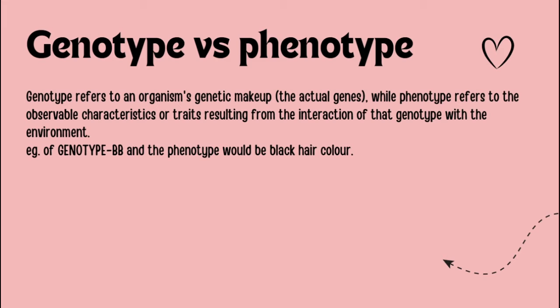So genotype, genetics, and then phenotype, physical characteristics, right? So in this situation, if we had a genotype, we have big B, and we say that the big B equals our black hair. So this is the genotype, right? This is the genetic aspect, big B, and then the phenotype would be the black hair color.